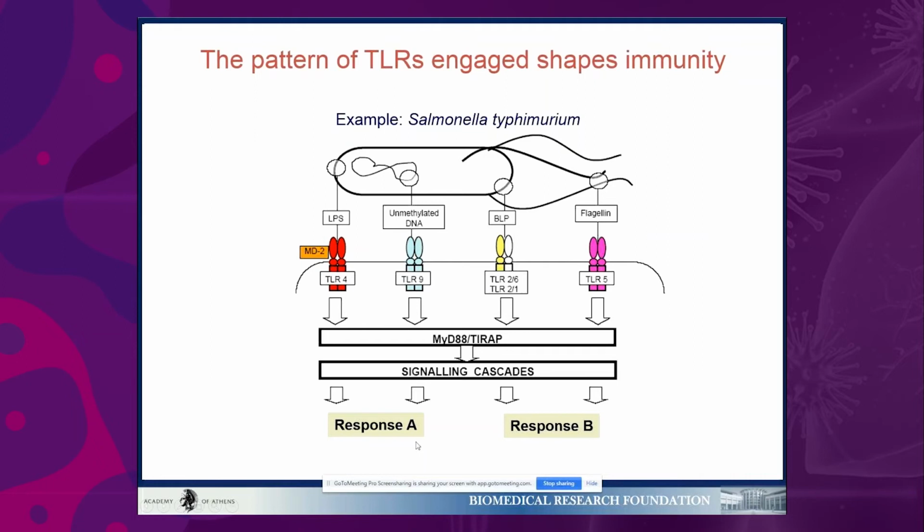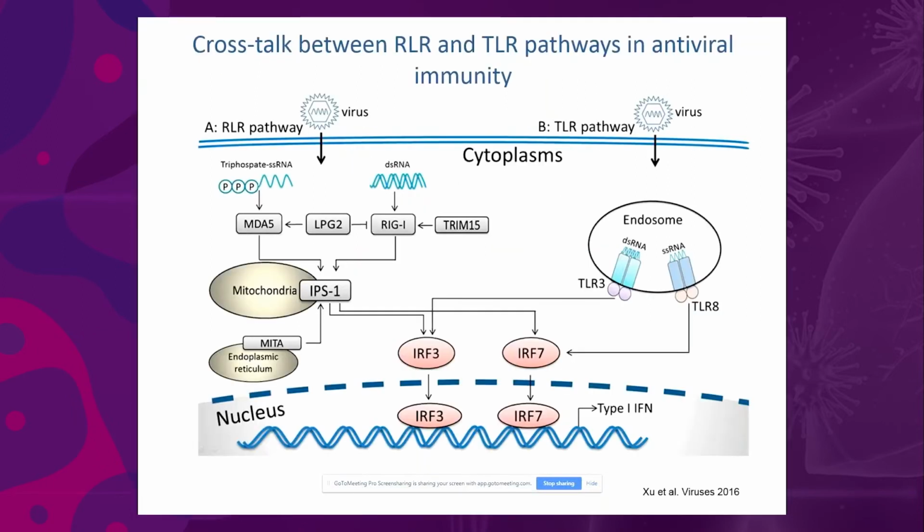So you can have a response A, a response B, a response C, and so on, depending on the pathogen-associated molecular structures that each pathogen or microbe possesses. Also, that includes the other pattern recognition receptors. So if there are also ligands for RIG-I, for the cytosolic sensors or inflammasomes, that again influences and adds to the complexity of the immune response that is going to develop.